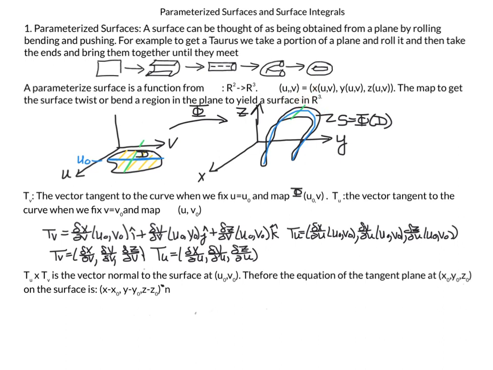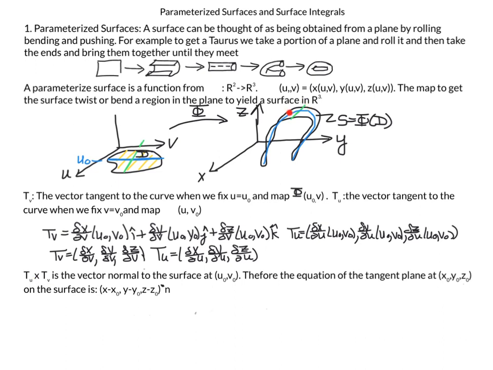They'll both be in the same plane. So when I cross them, Tu cross Tv is going to be a vector normal to the surface at that point. And from our video about cross products, we know when you take the cross product of Tu and Tv, the resulting vector will be perpendicular to both Tu and Tv.